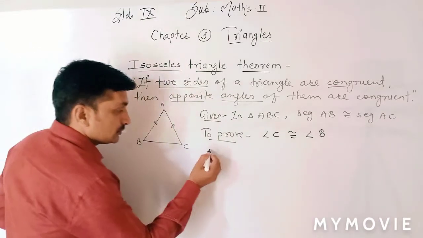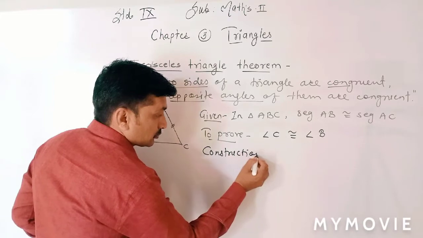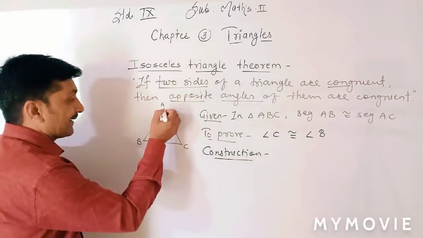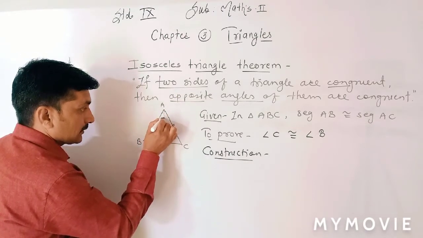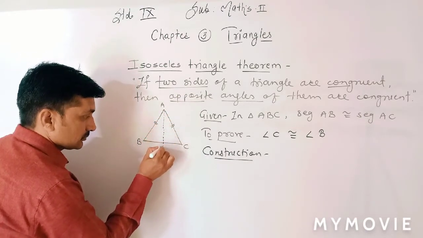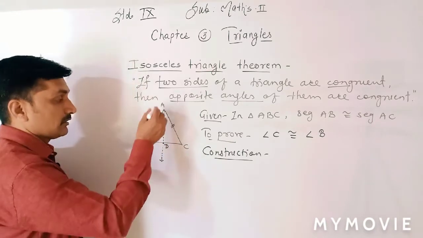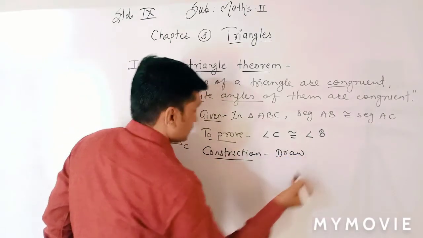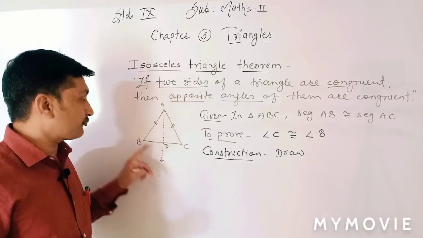But for that we need a construction. For the construction, we have to draw the angle bisector of angle A. This is the construction. I write here the intersection point D. Draw ray AD, the bisector of angle BAC.